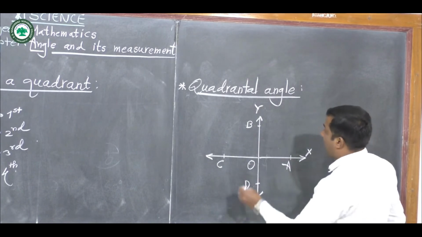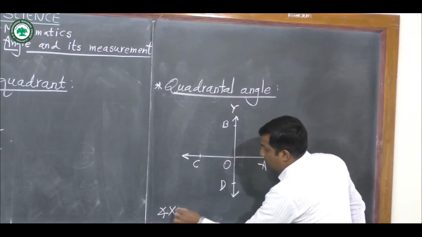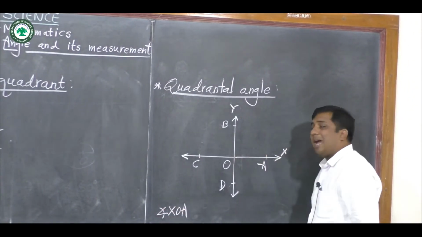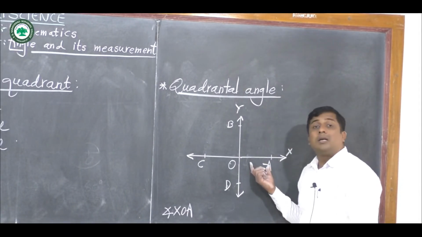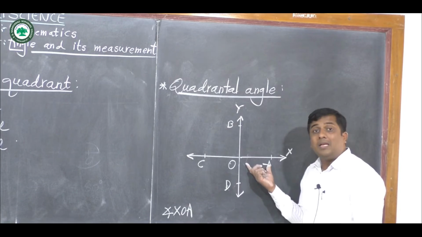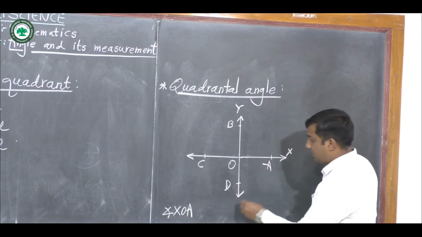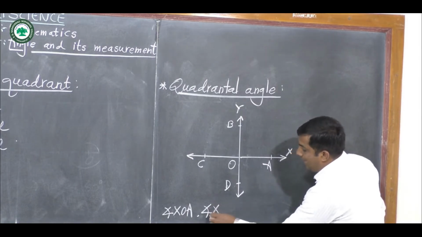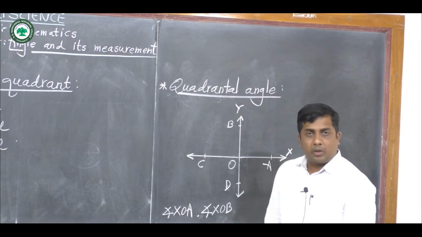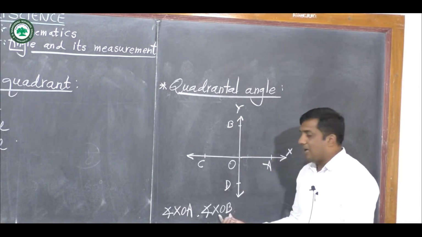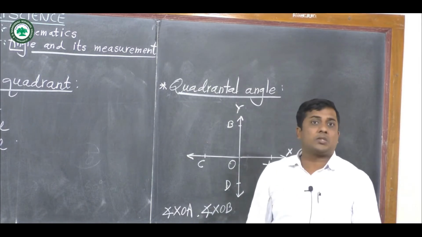Here, the measure of angle XOA is said to be quadrantal. Why? Since its terminal ray, that is OA, lies along the x-axis. Next, the measure of angle XOB is said to be quadrantal, since its terminal ray OB lies along the y-axis.